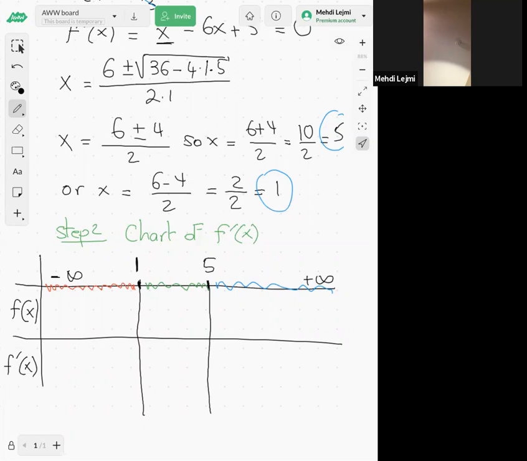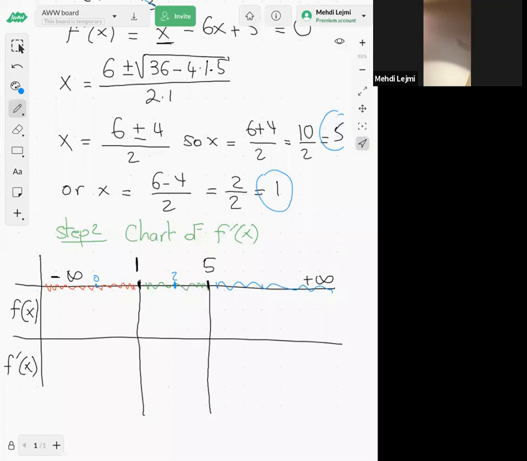Anyway, so now I have to figure out the sign of f prime of x in each interval, right? So the first interval, I'm gonna pick some random number. Let's say between negative infinity and 1, I'm gonna pick 0. Here between 1 and 5, let's pick 2, right?